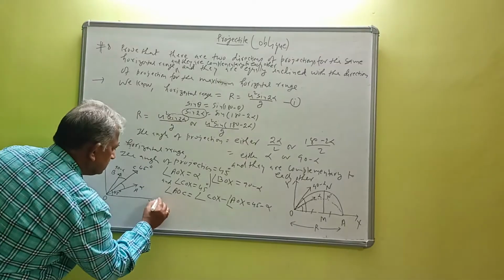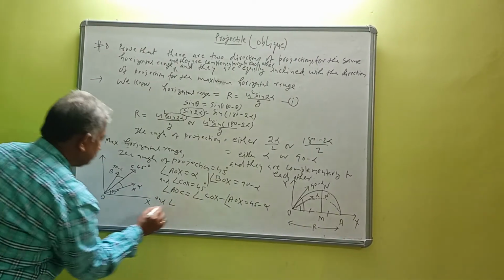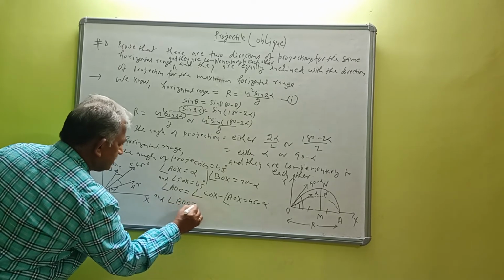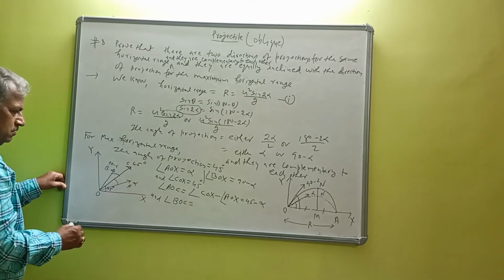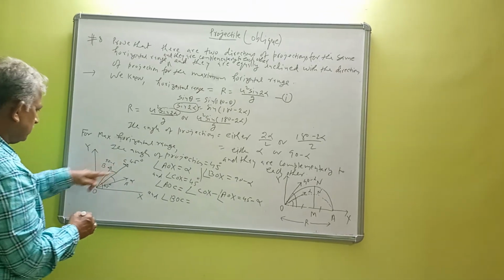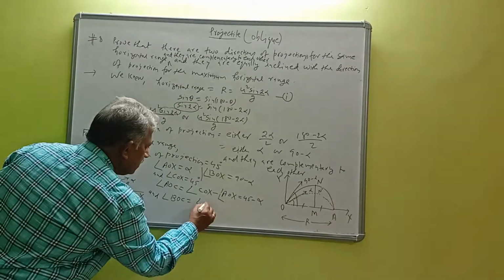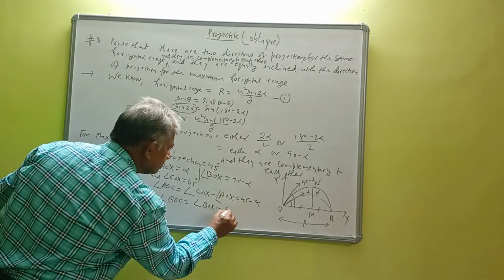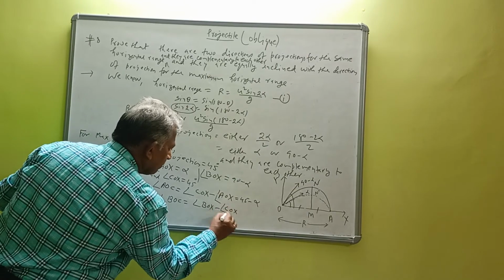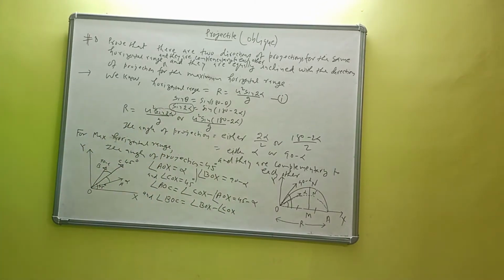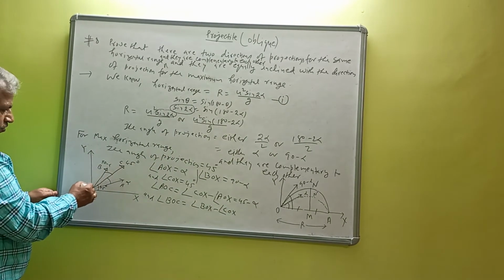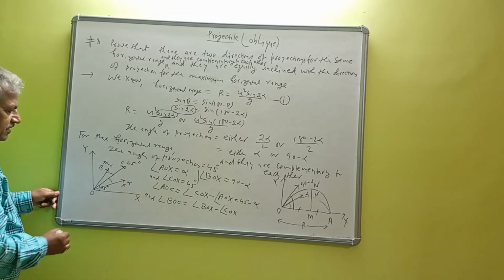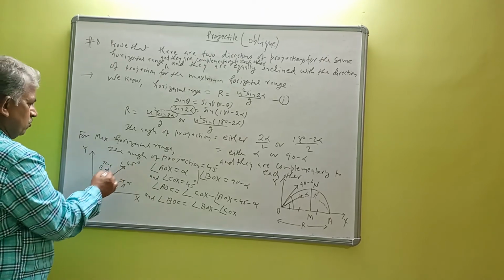Similarly, we can get the answer for BOC. So BOC is equal to BOX minus COX. Just see the diagram, everything is clear. BOC is equal to BOX minus COX.